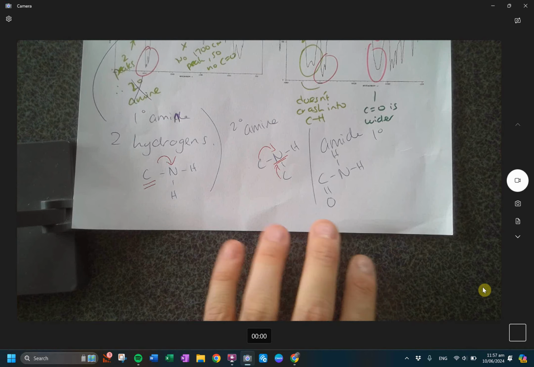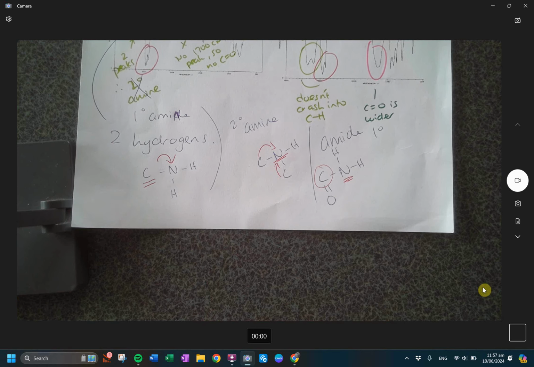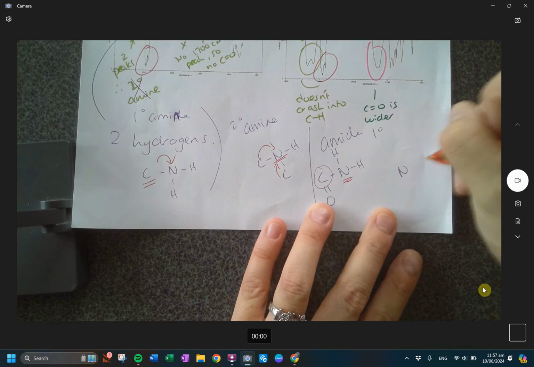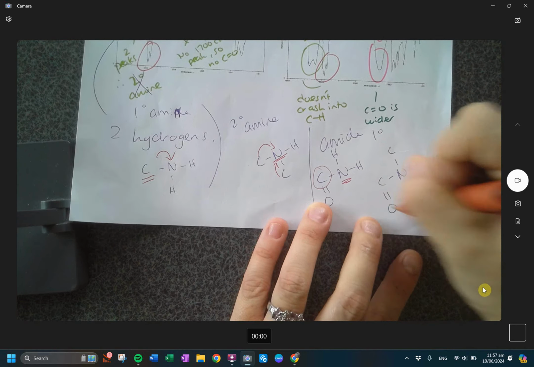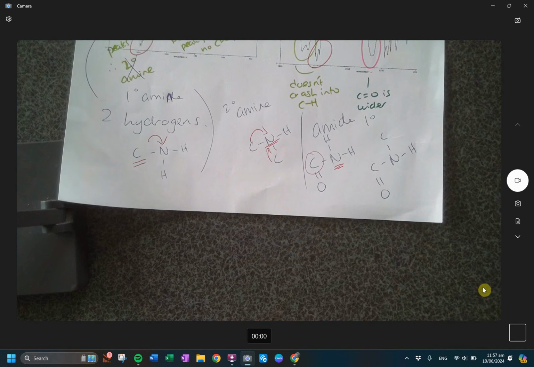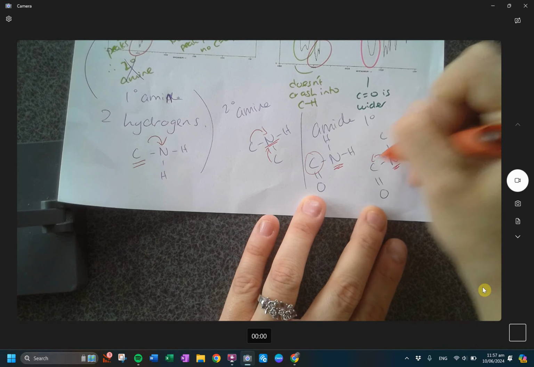So again, you're referencing the nitrogen, and you're seeing how many carbons it has attached to it. If it was a secondary, you would have the nitrogen attached to 1 hydrogen, attached to a carbon, attached to another carbon, and one of those carbons would have the carbonyl. So this nitrogen has 2, 1, 2.